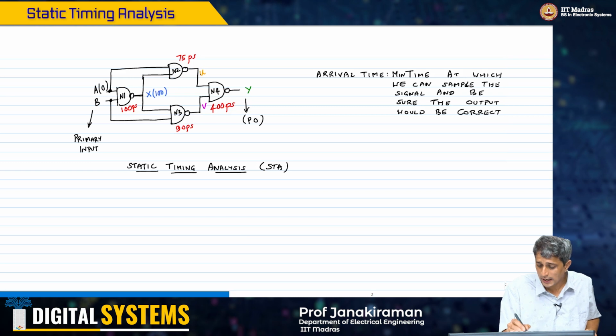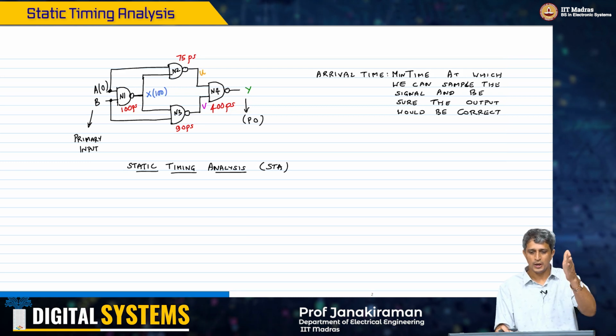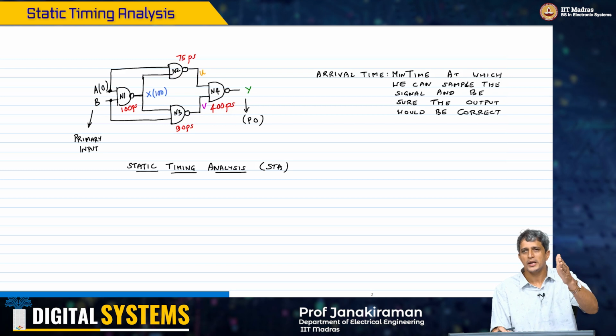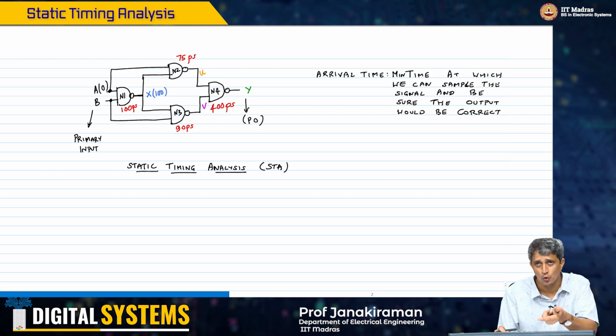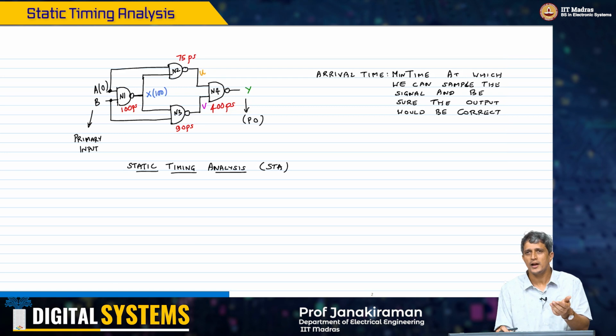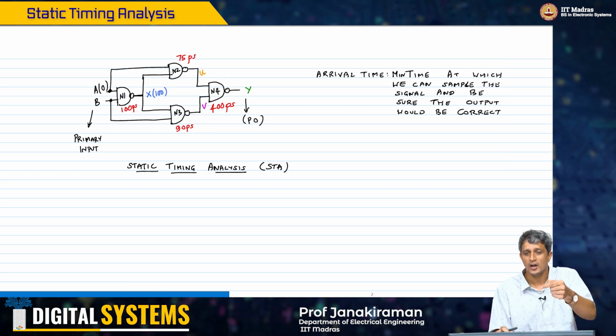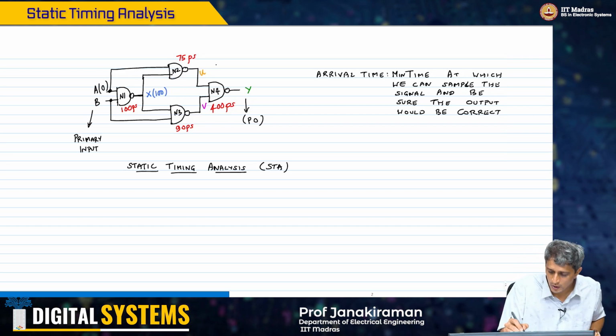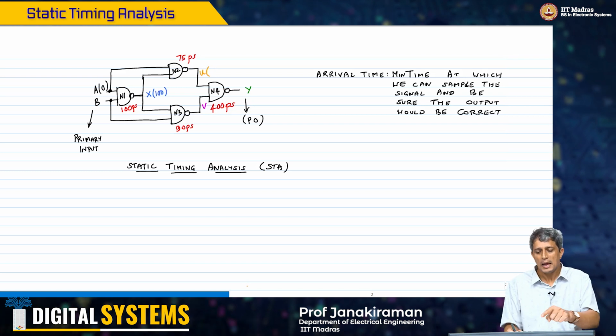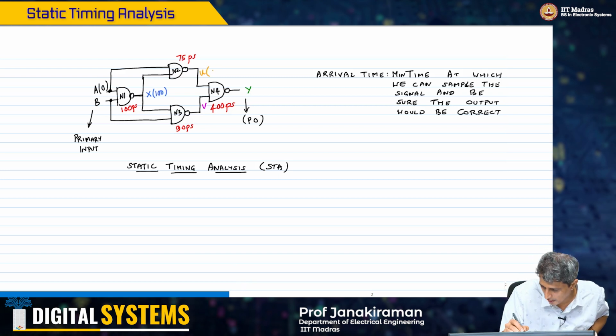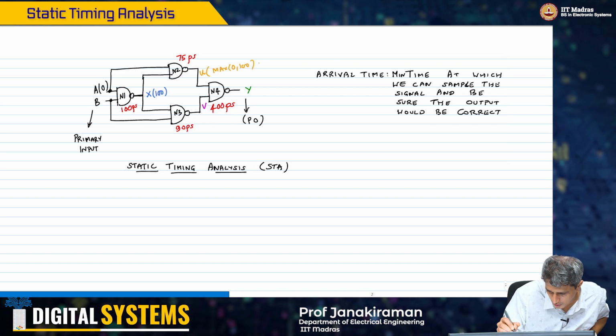So now the arrival time at U: because of the input A making a transition, you could have a transition at U, but is that the final value? No, because the other input is making a transition only after 100 picoseconds, and therefore the arrival time at U is going to be the max of arrival time at its input plus its delay. So I will write this as max of 0, 100 plus its delay.